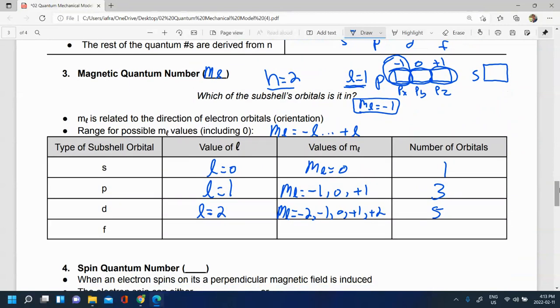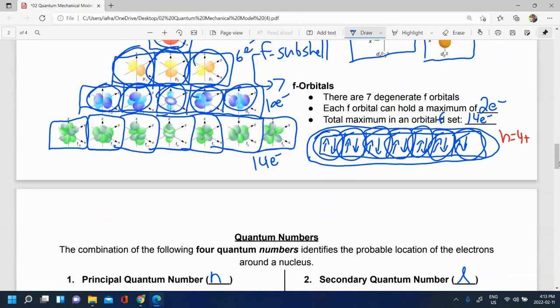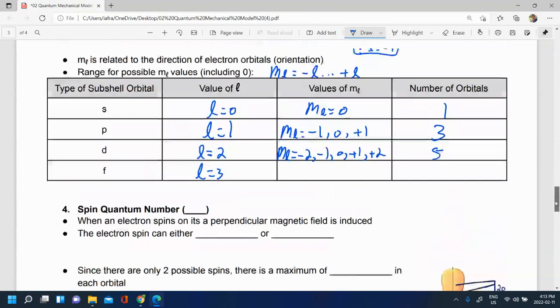So we can do the same thing for f. l is equal to 3. And you can probably guess, oh, there should be 7 numbers for ml because there's 7 boxes in the f orbital. If you look up here, we have 1, 2, 3, 4, 5, 6, 7. 7 boxes. And that's because we have those 7 numbers here.